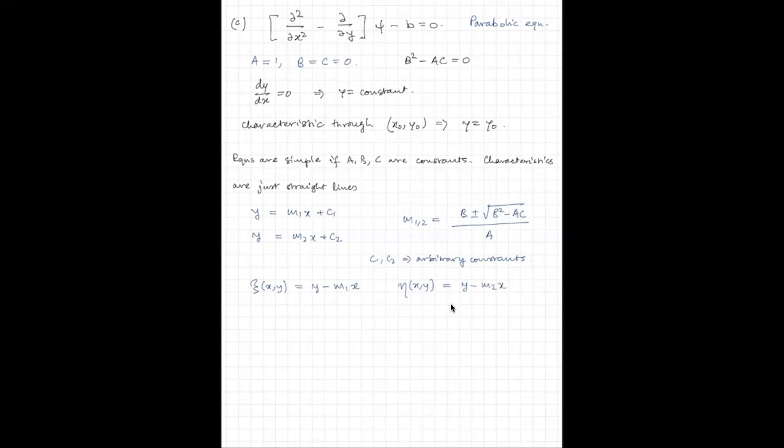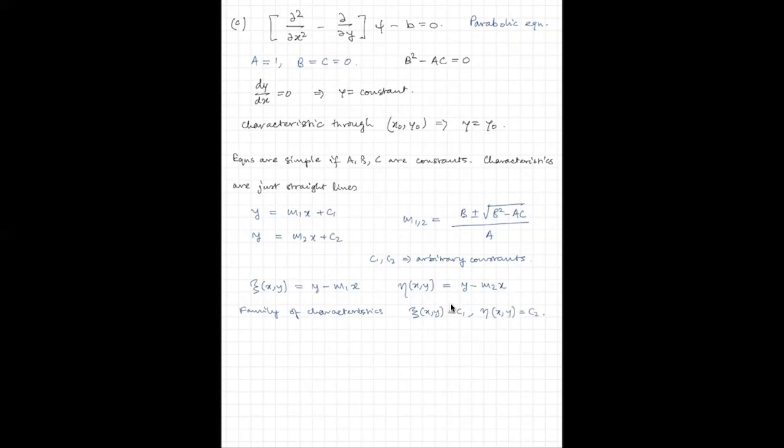Then the family of characteristics is just xi equal to c1 and eta equal to c2.